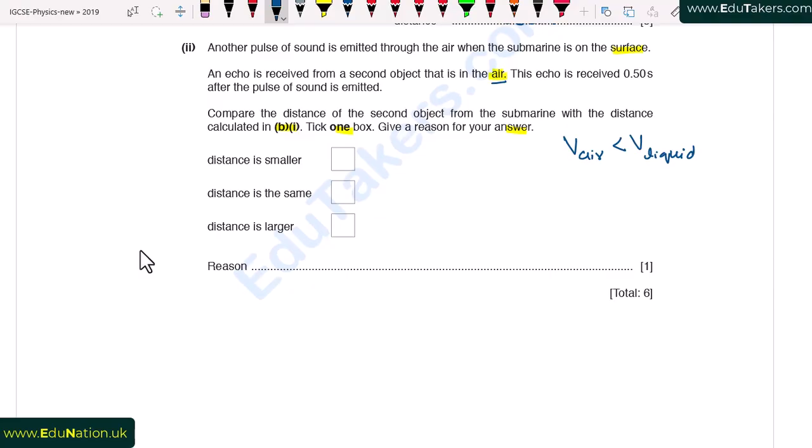According to v equals d over t, when the speed is smaller, the distance will also be smaller. So the distance will be small. I tick here. And the reason is that the speed of sound is less in air than in liquid.